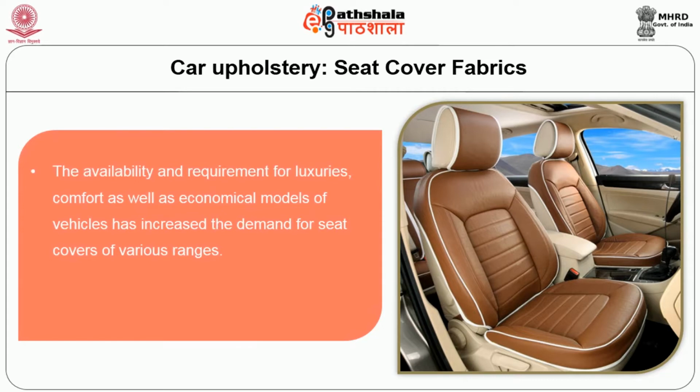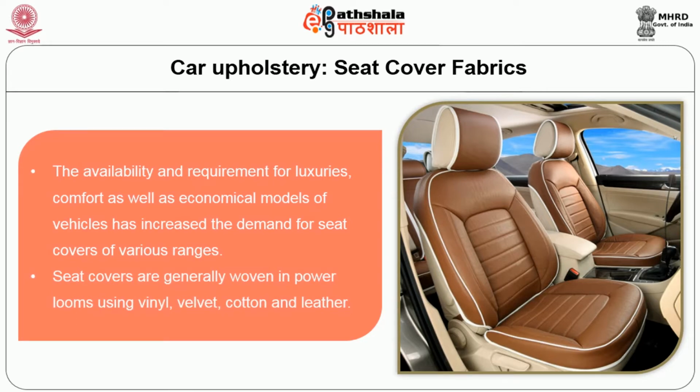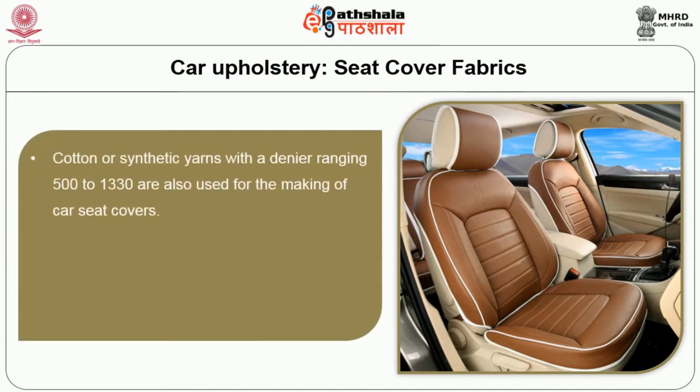The next section we will be seeing is car upholstery, the seat covers of cars. The availability and requirement for luxury, comfort as well as economical models of vehicles has increased demand for car seat covers of various ranges. Seat covers are generally woven in power loom using vinyl, velvet, cotton and leather.